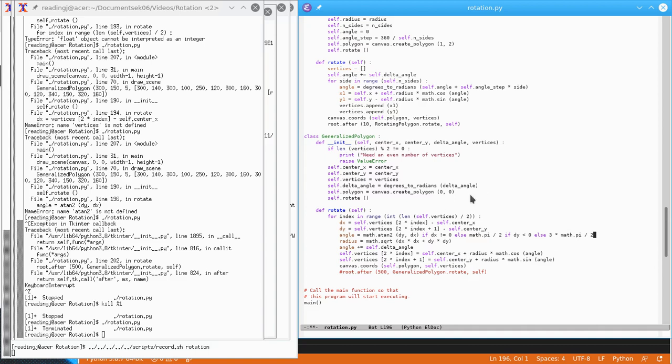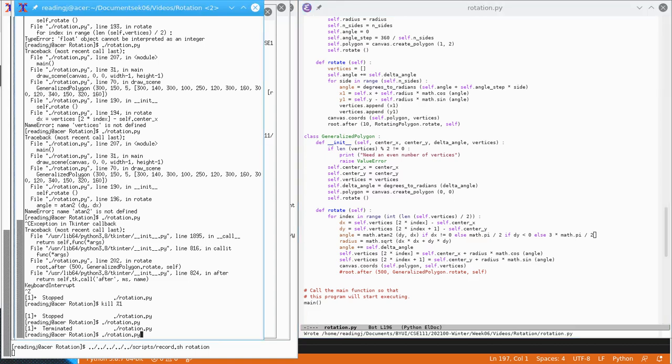So those are the angles where dx can be 0. And again, you may just have to take that on faith for a moment. But that is always a problem with rotations, with atan, is you can end up with a divide by 0. So let's see what that does, if anything.